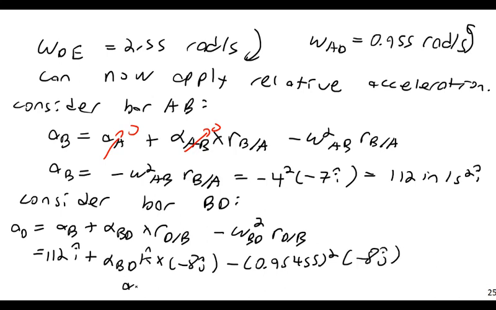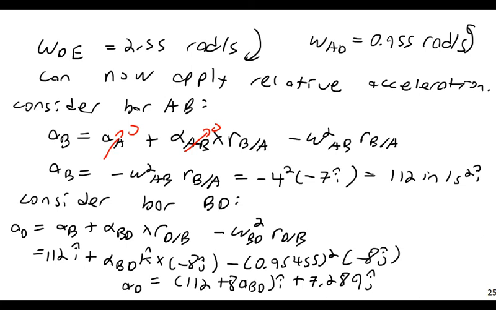And so A_D, the absolute acceleration of D, is 112 plus 8 alpha BD, we don't have an exact value yet, alpha BD i, plus 7.289j.